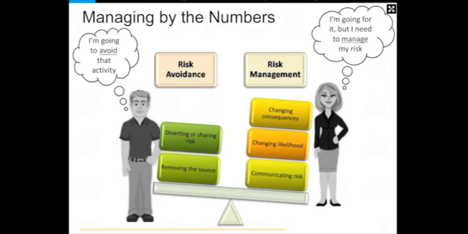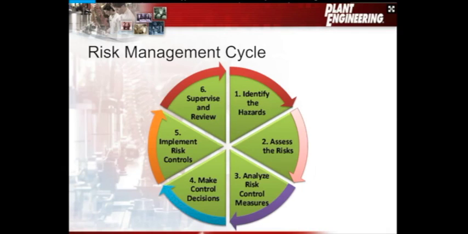Within ISO 31000, there's a risk management cycle, and this is what I mean by managing by the numbers. In that cycle, we begin by identifying the hazards. And hazards relative to asset management is any situation, circumstance, condition, or manner of operation that prohibits our ability to add value with the assets.